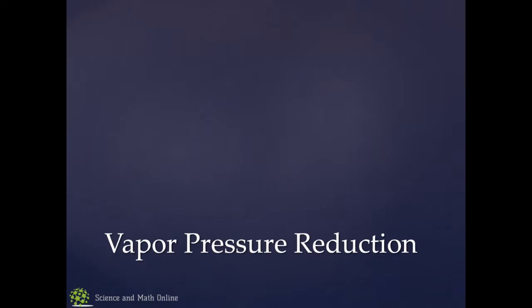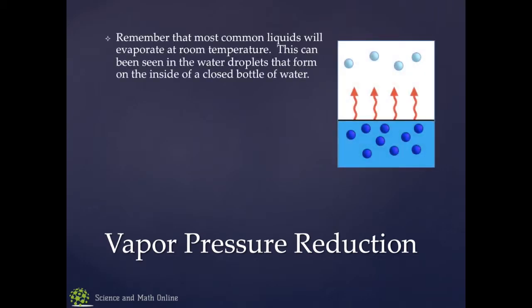So the first one is what we call vapor pressure reduction. Most common liquids will evaporate at room temperature. If you remember, when we talked about kinetic molecular theory, we said that temperature is the average kinetic energy, and to think of it kind of like a bell curve. So here's my room temperature, and I've got a bell curve. Some of these guys down here are going to have enough energy to evaporate.